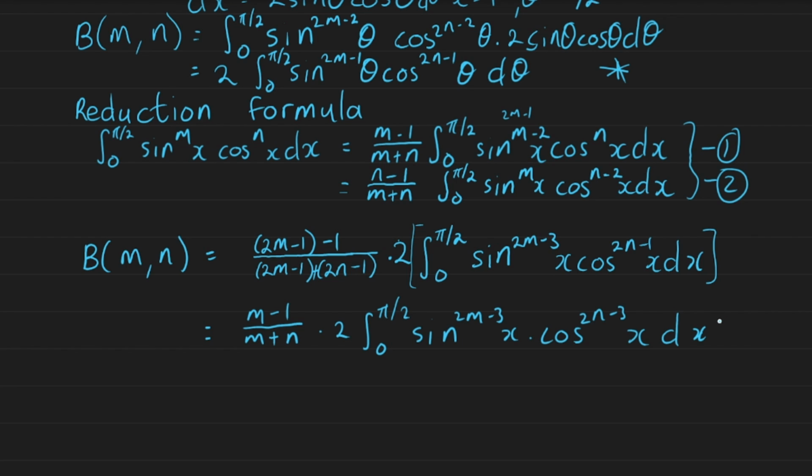We have 2n minus 1, and then minus 1 divided by m plus n. So it's actually 2m minus 1 plus 2n minus 1. So it's the same thing. So it's 2n minus 1 plus 2m minus 1.